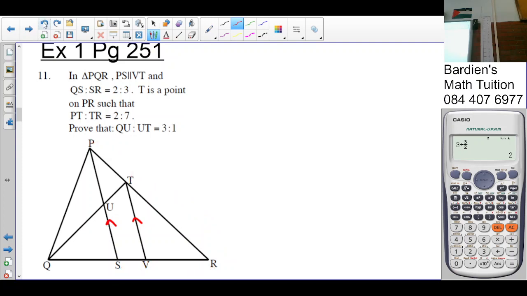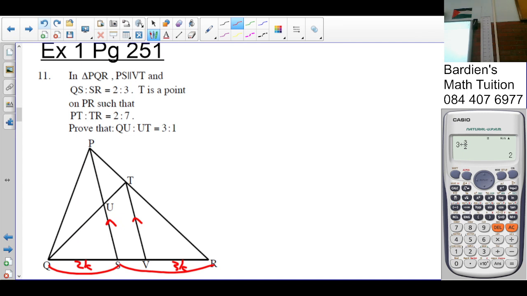Alright, let's take it off. Then we are told that QS over SR is 2 over 3. So what do we introduce here? K. So QS is 2K and SR is 3K. Then they tell us that T is a point on PR.